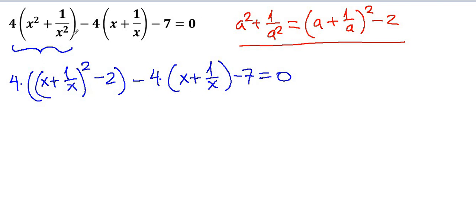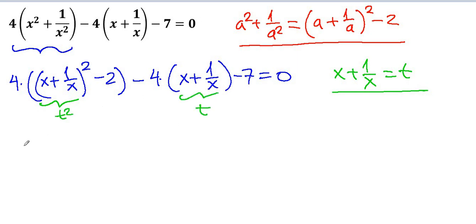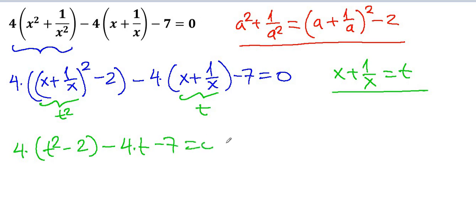As we clearly see, we can set x plus 1 over x equal to t. Now this is going to be t squared and this is going to be t. So our new equation will be as follows: 4 times (t squared minus 2) minus 4t minus 7 is equal to 0.